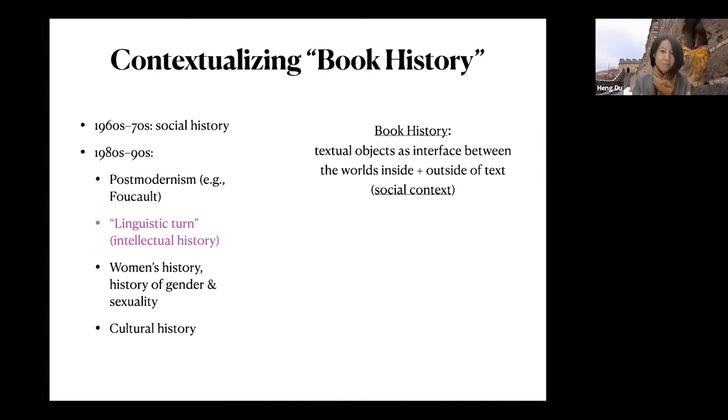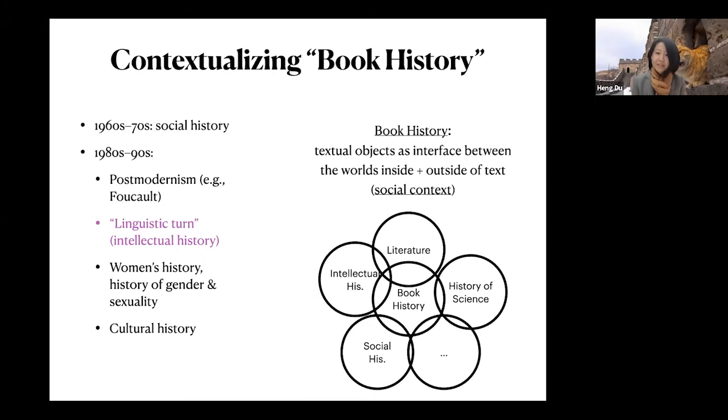Specifically between text and its social context. So as you can see, book history in a lot of ways ties together these two phases in the post-war development of history, and it has a very close tie with the rise of social history and the Annales School in the 60s and 70s.